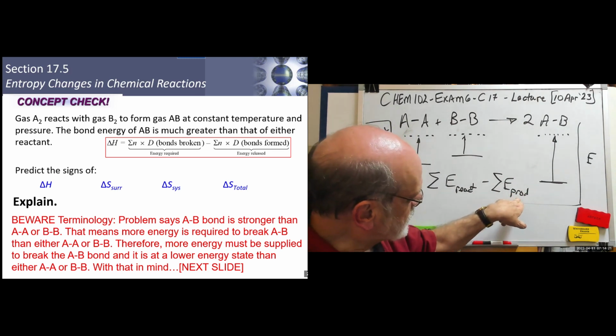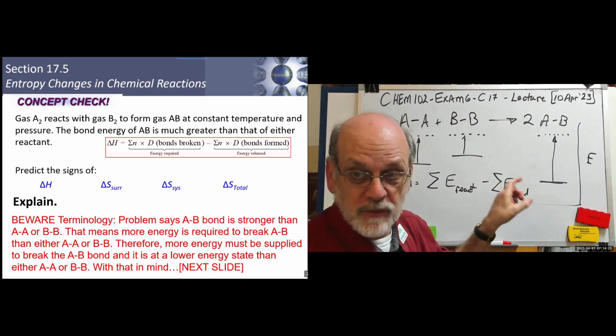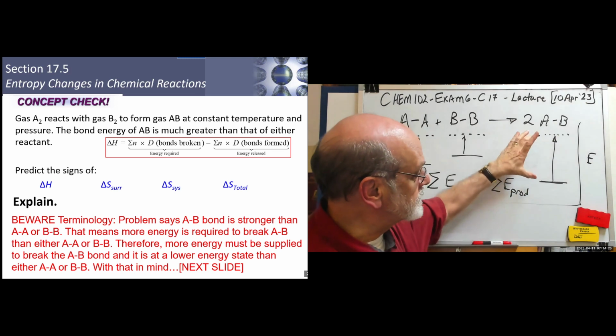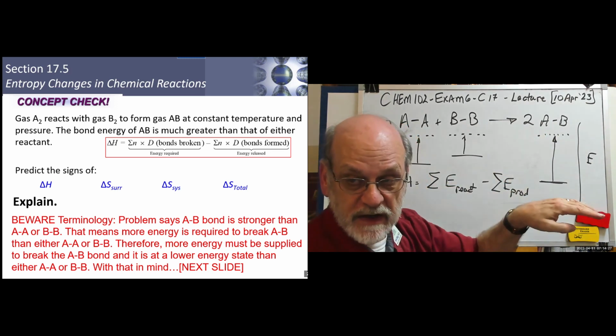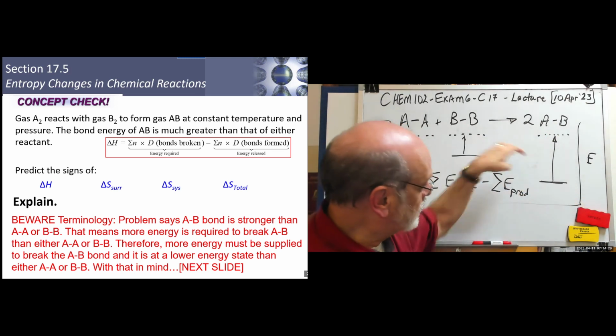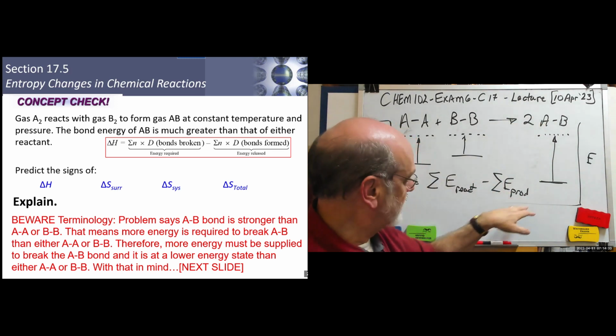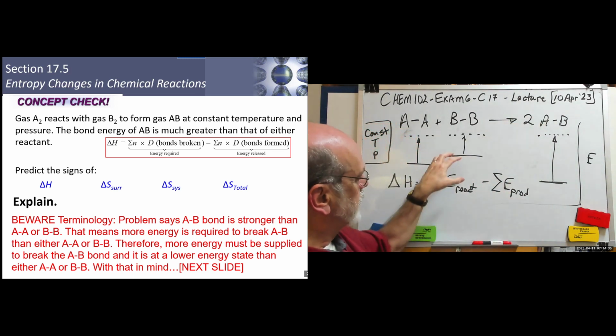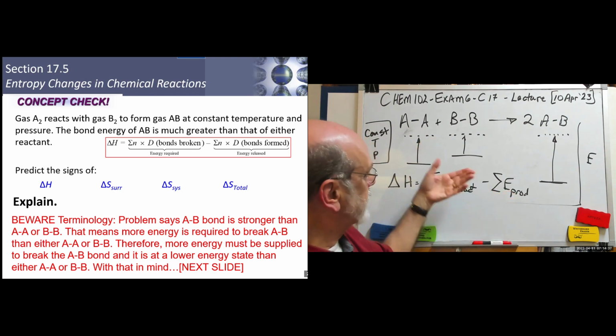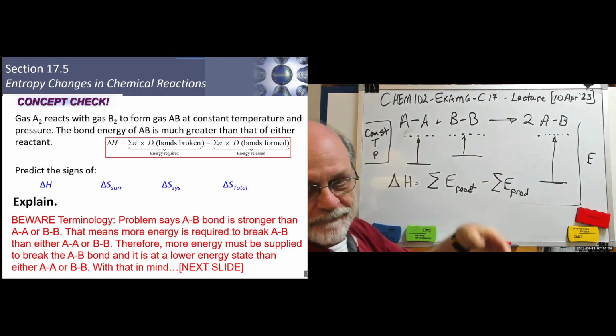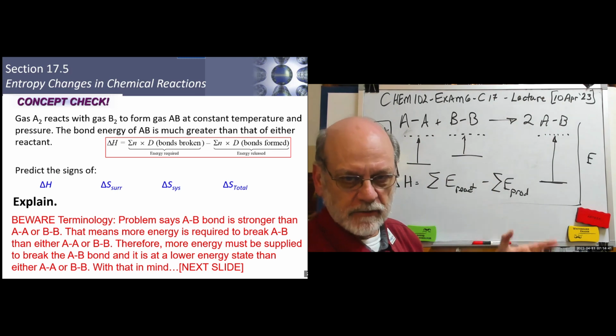That way, this value is a larger positive value because it takes that much input of energy, a positive value input of energy to break the bond. So this is a large number, whereas the summation over here is much smaller. In fact, it's probably even smaller than that, but we're not to scale.